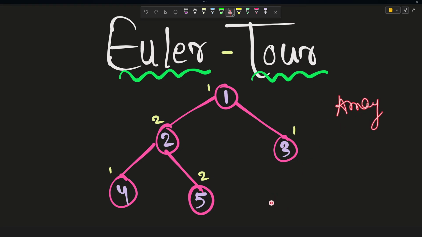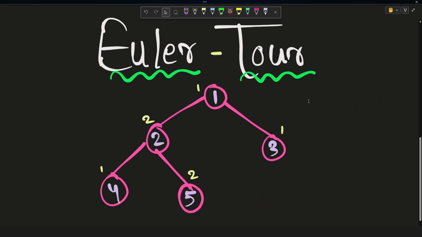And why do we do this? Because it is generally easier for us to perform operations on an array rather than directly on the tree. For example, suppose you are asked to find the GCD of every node present in the subtree of 2. You know that you cannot directly start from here.